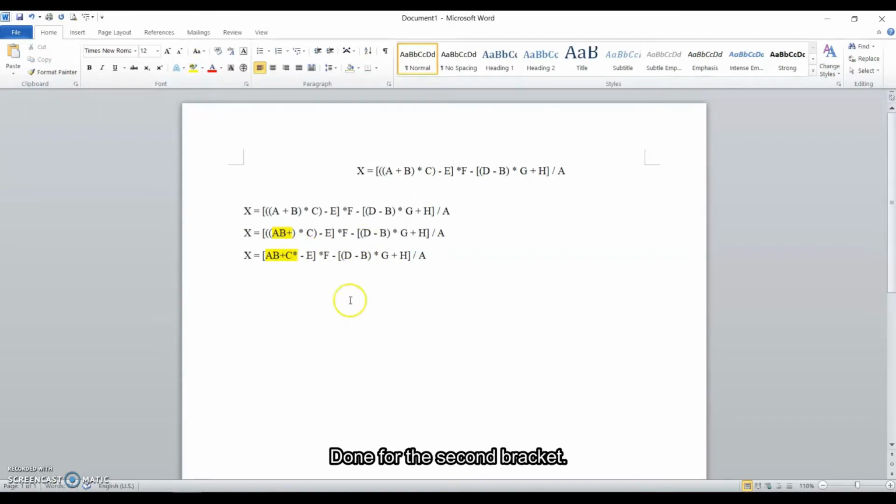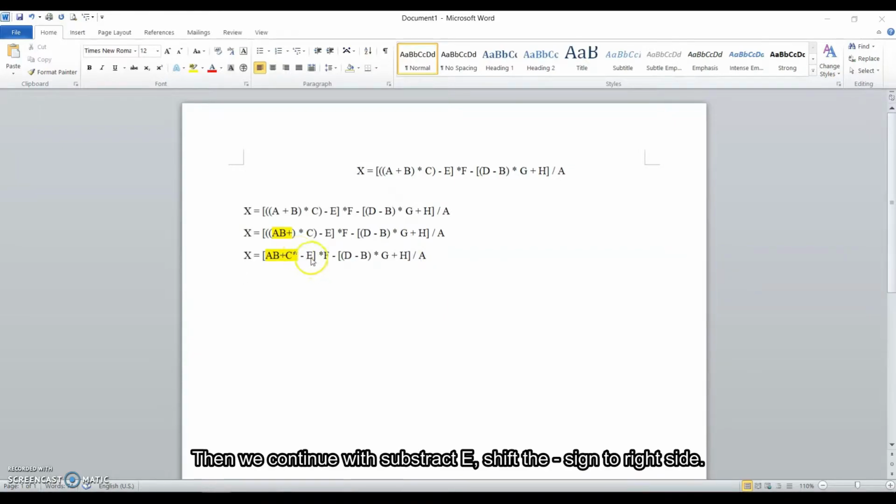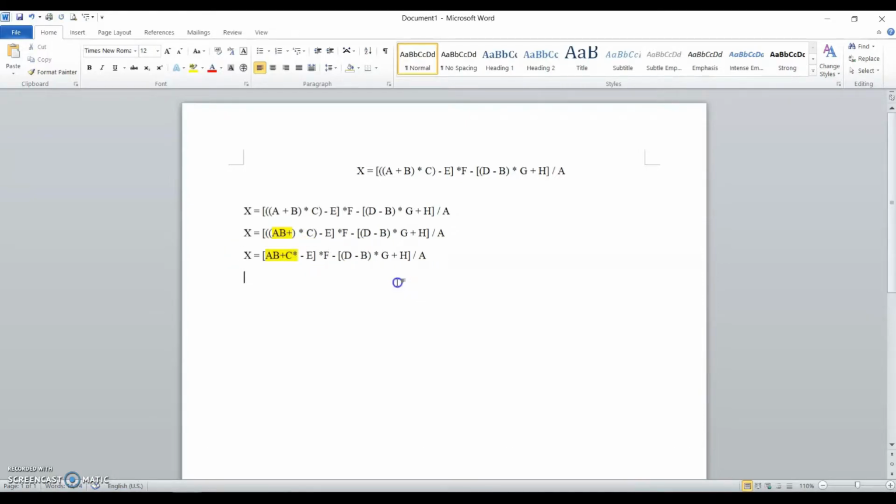Done for the second bracket. Then we continue to subtract E, shifting the minus sign to the right side. It will become AB plus C multiply E minus.